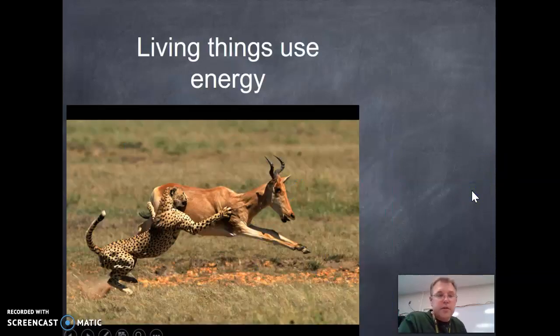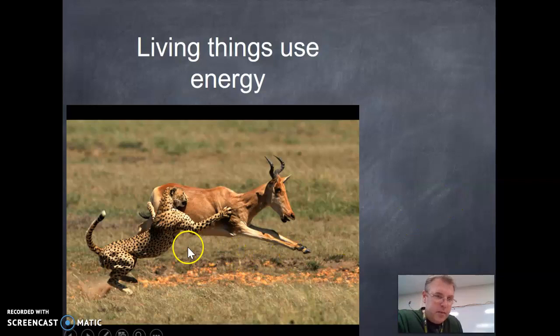Finally, our last characteristic of living things is that living things use energy. Okay, they have to be able to get energy inside their body. They're going to process that energy, and then ultimately, this leads into some things like getting rid of waste as well. But really, it's all tied into the process of using energy. In this picture here, we see a lot of examples of that.